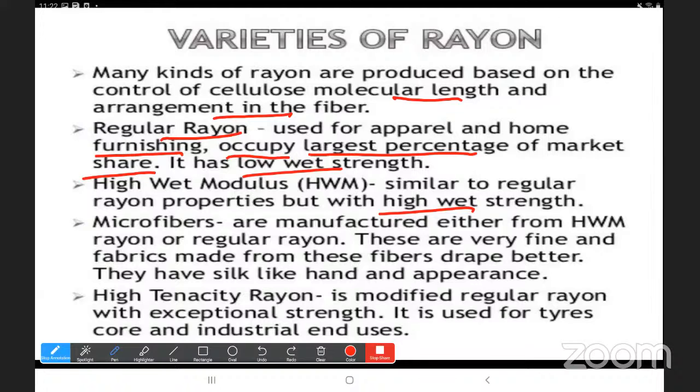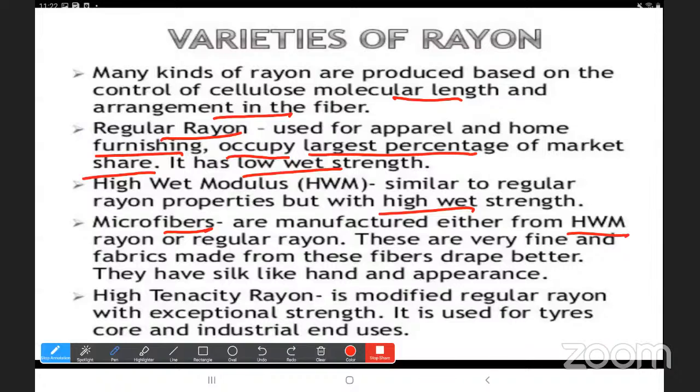Microfibers are manufactured from high wet modulus or regular rayon.